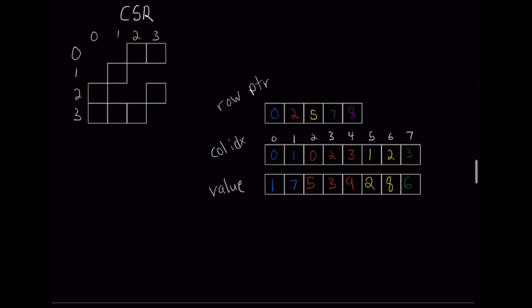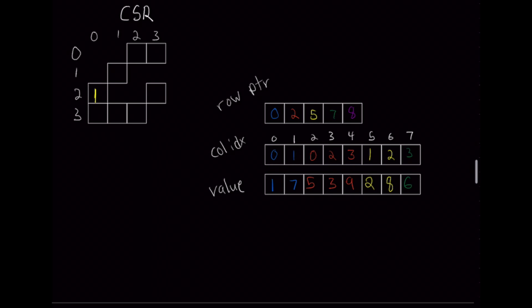But what happens when we need to add a new non-zero to the matrix? Let's say we add a 1 to row 2, column 0. How can we add this to our compressed sparse row?